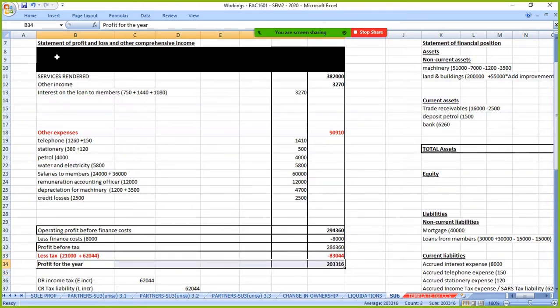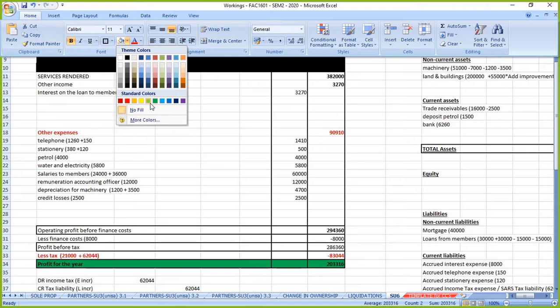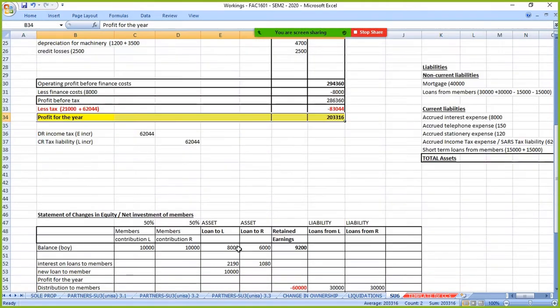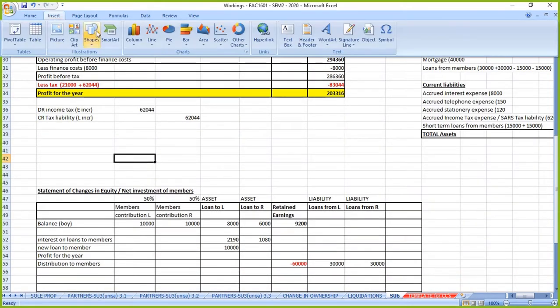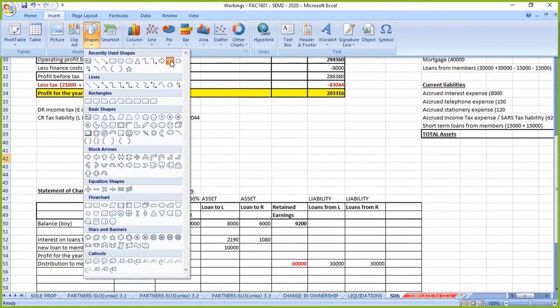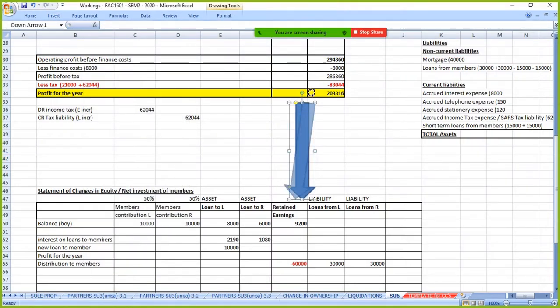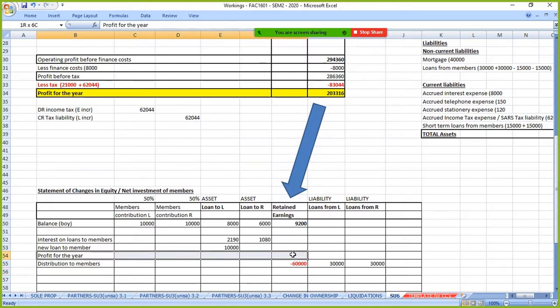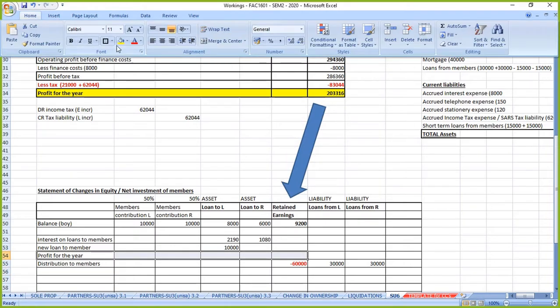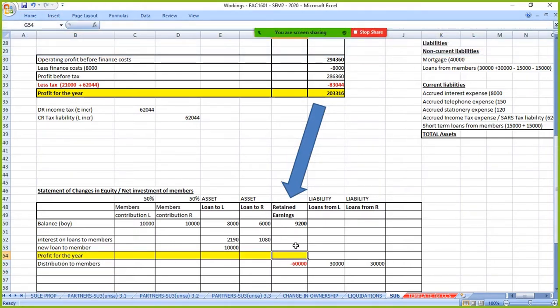That profit for the year is going to be disclosed where? Here at the bottom. Retained earnings. All right, where's my profit for the year? There it is. So profit for the year equals that figure.